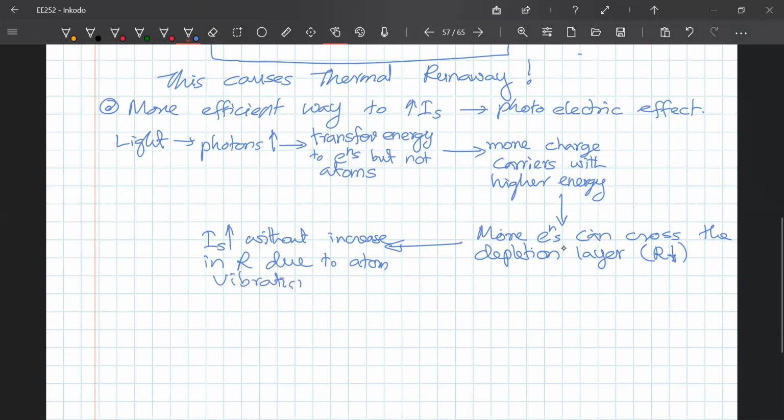So therefore, now we have achieved increasing IS and thereby increasing ID without more heat generation.